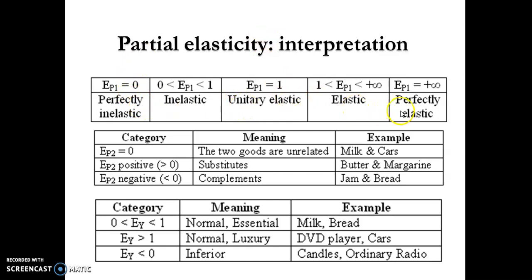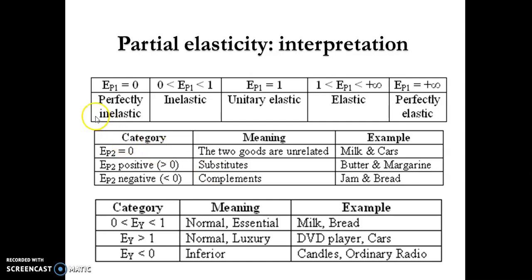And if it was equal to infinity, it was perfectly elastic. If it is greater than one but less than infinity, it was elastic, and if it was greater than zero but less than one, it was inelastic, and lastly, if it was equal to one, it was unitary.